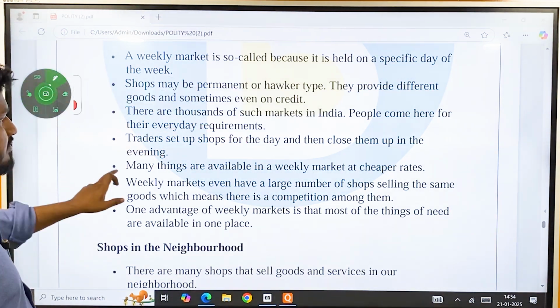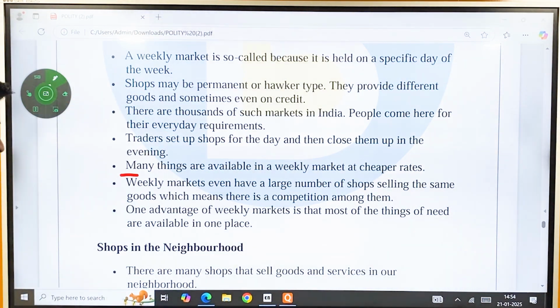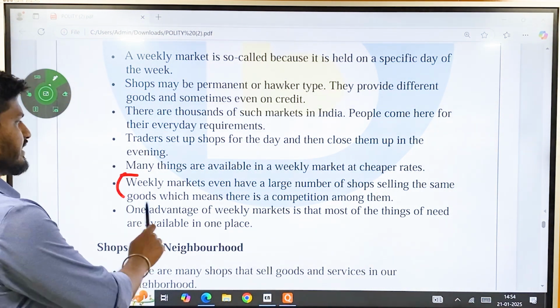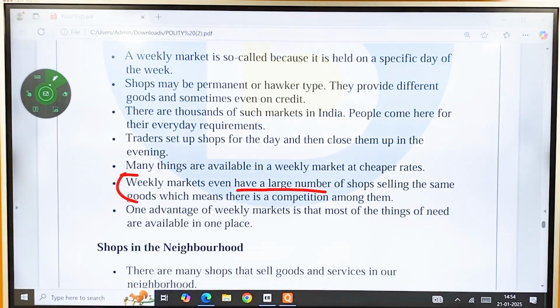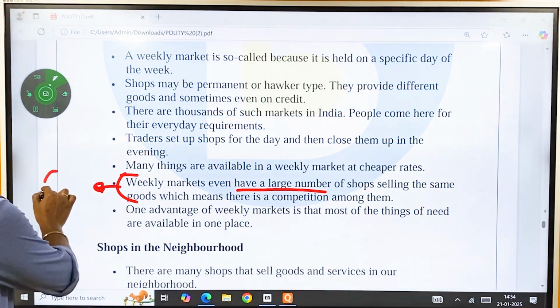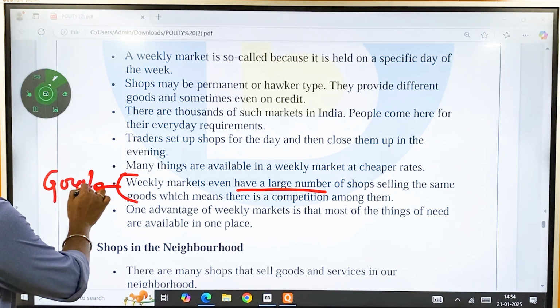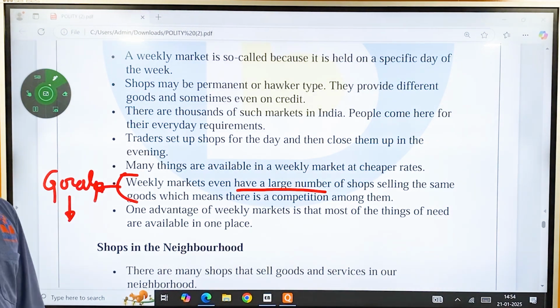Many things are available in a weekly market at cheaper rates. Weekly markets have a large number of shops selling the same goods, which means there is competition among them. Since there is competition, the goods tend to be of lower cost in a weekly market compared to a normal market.